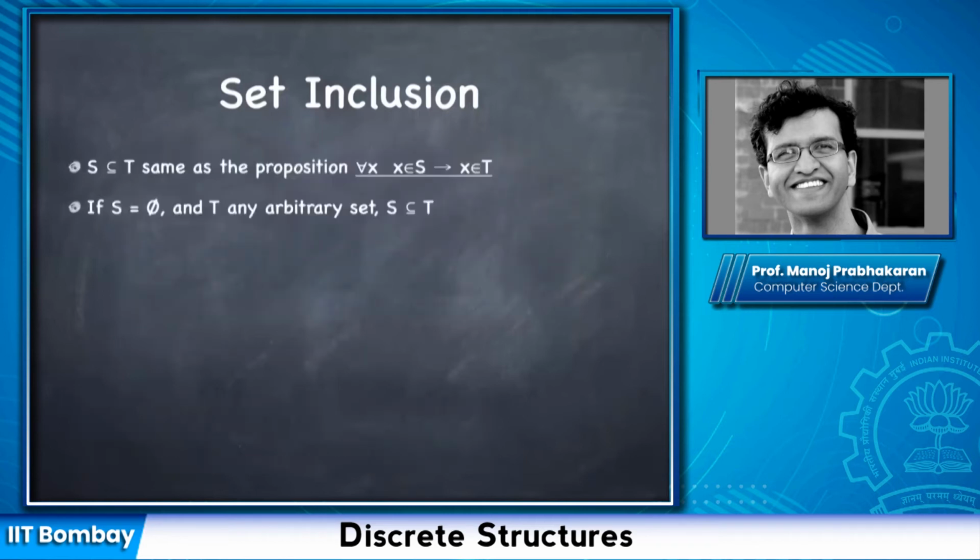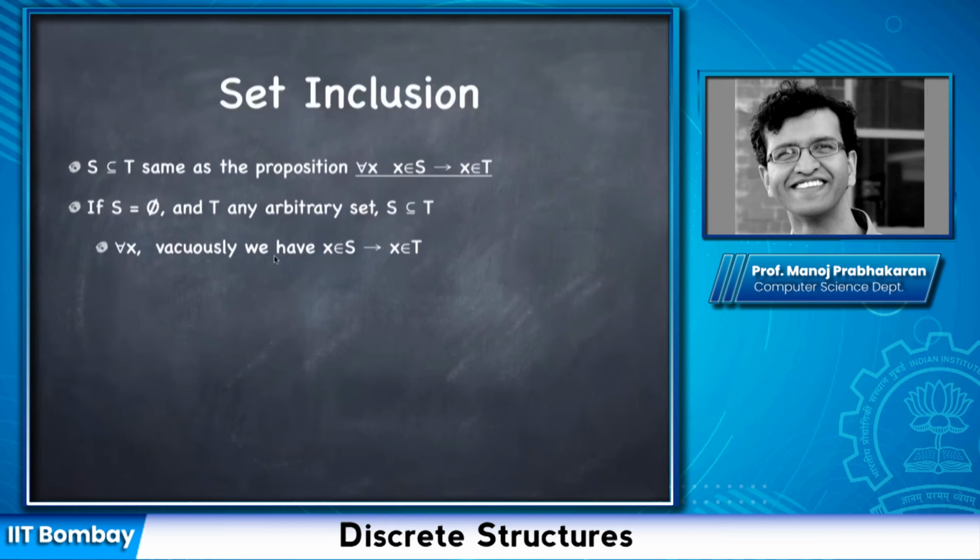In particular, the empty set is contained in every set, including the empty set. And why is that? What does that correspond to in terms of this proposition here? How do you ensure that the statement is true? It says for every X, if X is in the empty set, it should be in T. But for every X, if X is in the empty set is vacuously true, because no X is in the empty set.